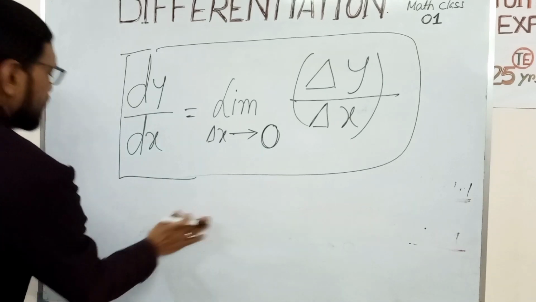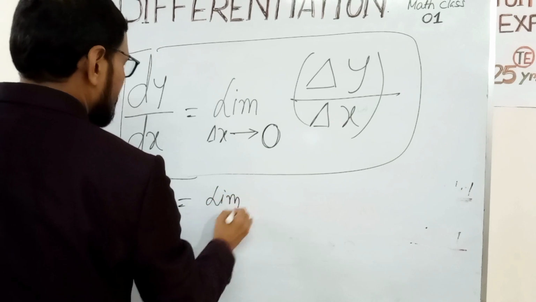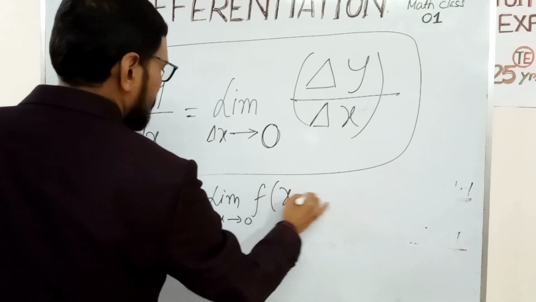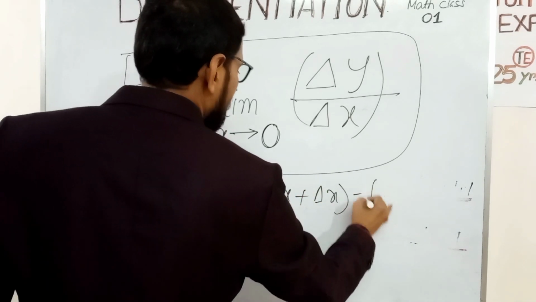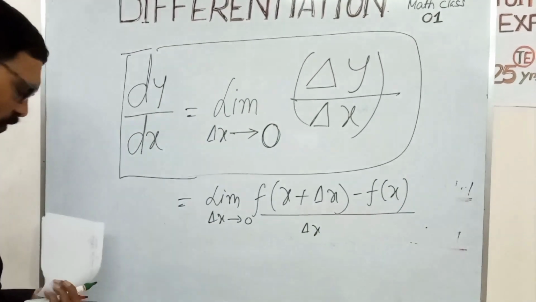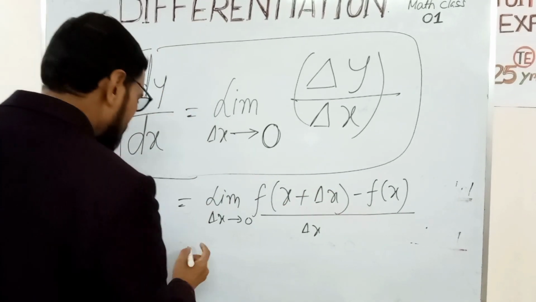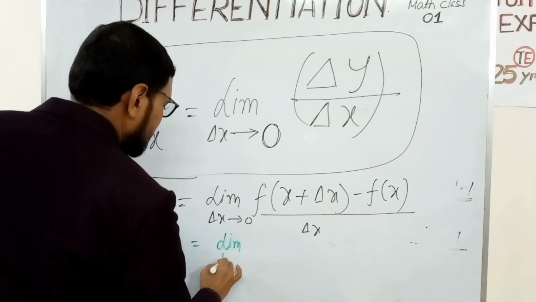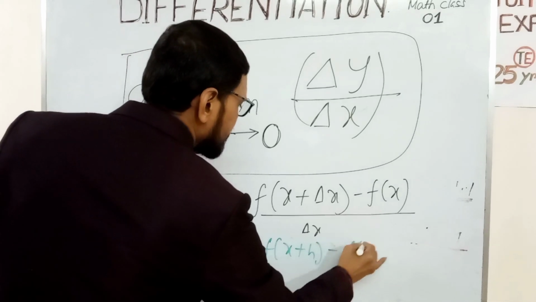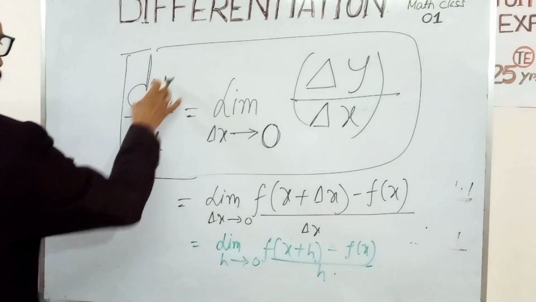So from the definition we get this value becomes f of x plus delta x minus f of x, by delta x. Now if we put delta x equal to h, then this becomes f of x plus h minus f of x, by h. This is the meaning of dy by dx.